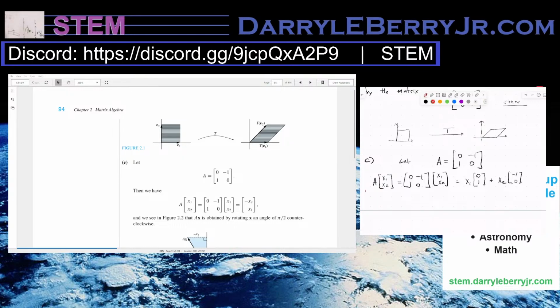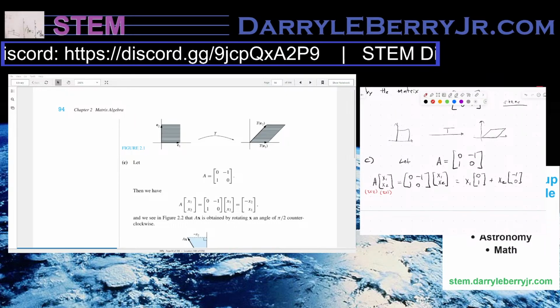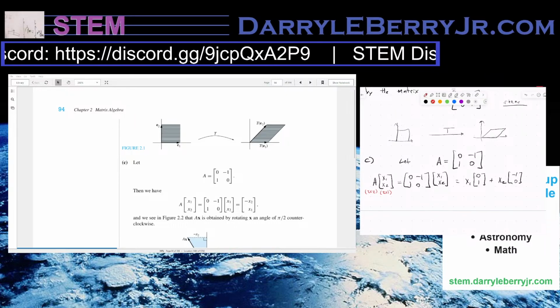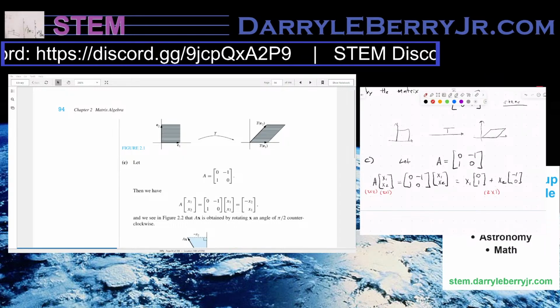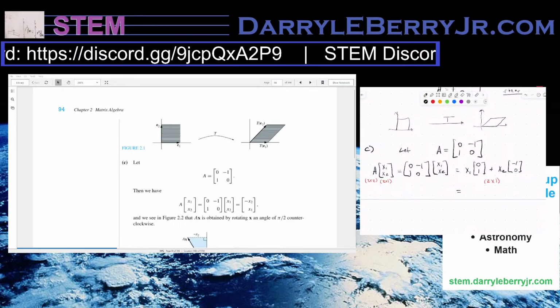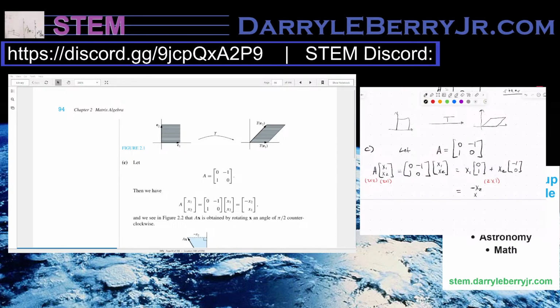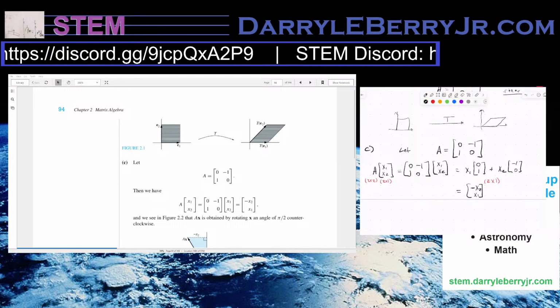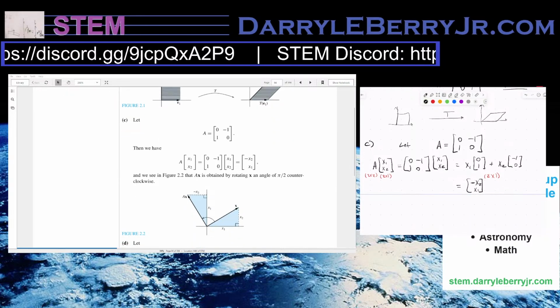And our matrix here is a 2 by 2 and a 2 by 1. So what we end up with has to be a 2 by 1. So we know we're going to add those. So that's going to be [-x2; x1]. So that must be the 90-degree one.